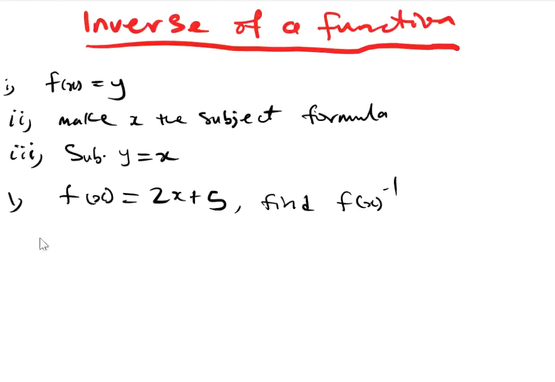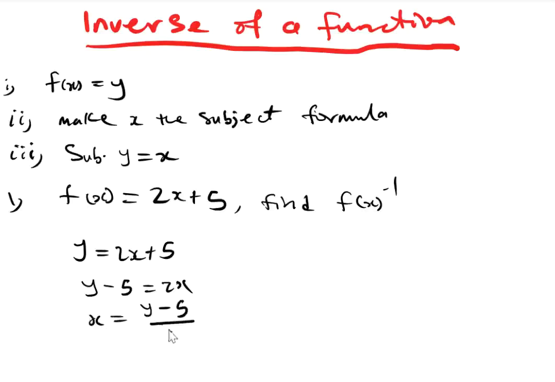So now, y is equal to 2x plus 5. The second rule states that we make x the subject of the formula. For us to make x the subject here, we take 5 across. This is y minus 5, which is equal to 2x. And x now is equal to y minus 5 divided by 2.